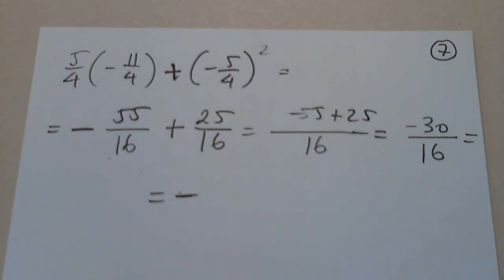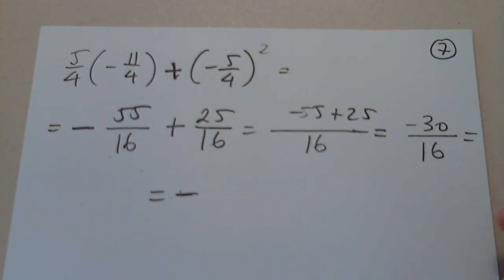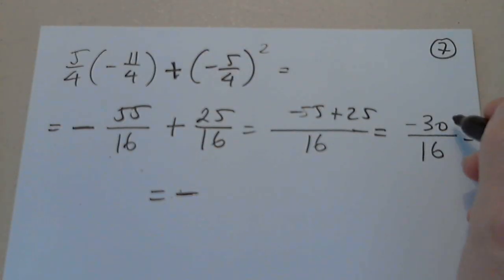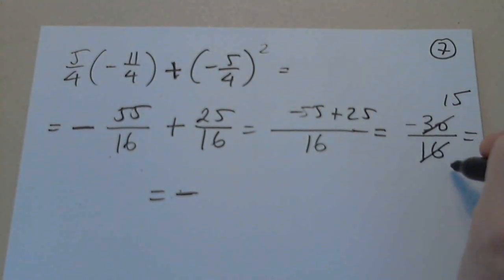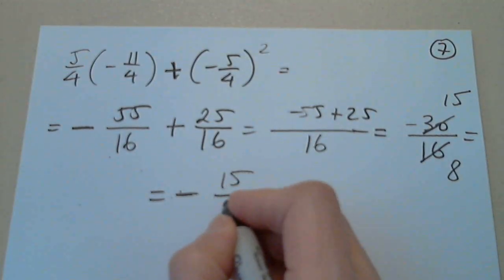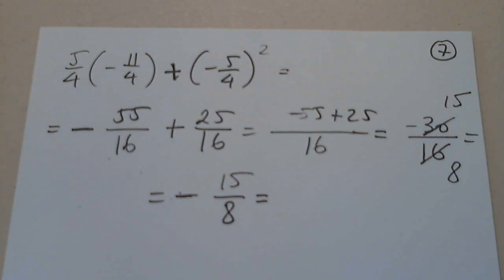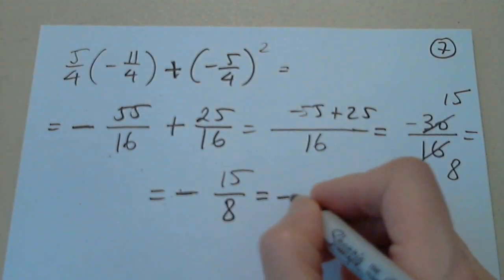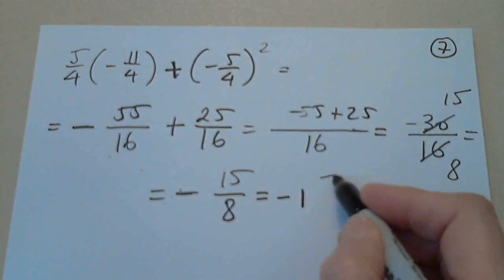I see they're both even numbers, both divisible by 2. 30 divided by 2 is 15, 16 divided by 2 is 8. And this is negative 15 over 8. If they want a mixed number, then I have to take the integers out. So it's negative 1 and 7 over 8.